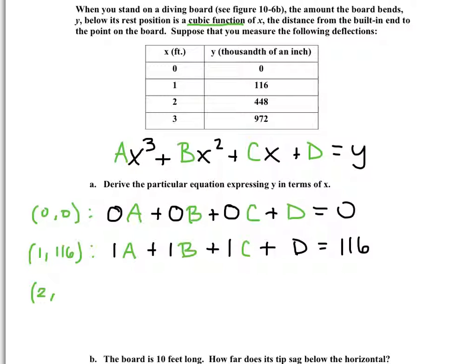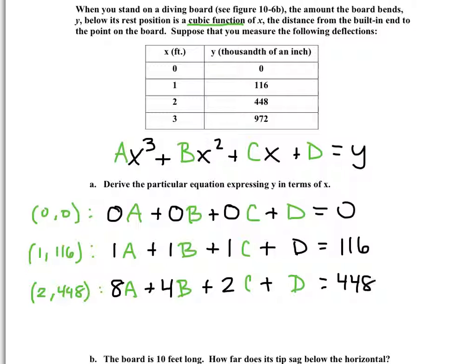For 2, 448, when x is 2, 2 cubed is 8a plus 2 squared is 4b plus 2c plus d equals 448.